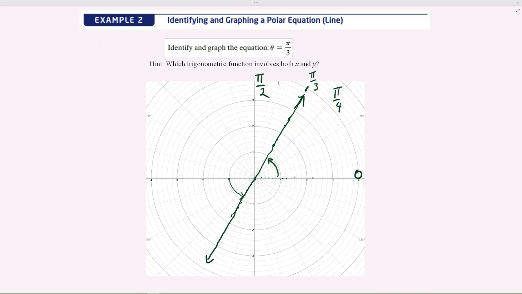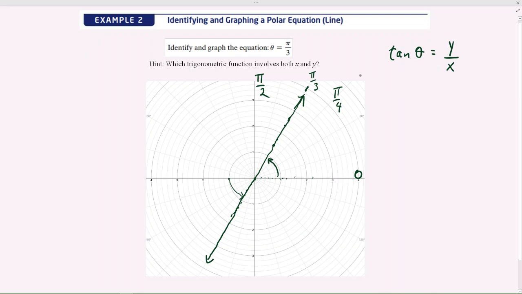Okay, and then to convert this to rectangular coordinates, we have to provide everything in terms of x and y. So which trig function involves both x and y? That would be the tangent, right? The tangent of theta is equal to y over x, which involves x and y.